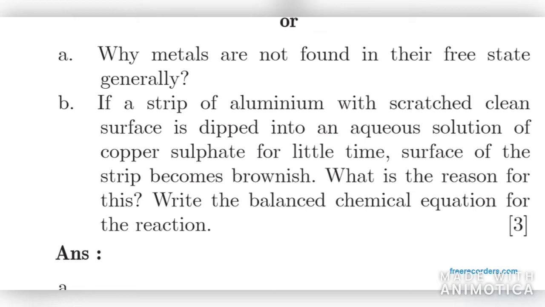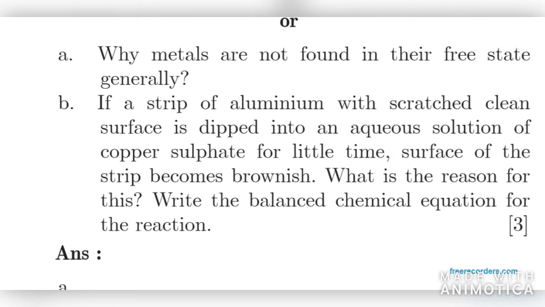Now question number B in this same question, it says if a strip of aluminium with scratched clean surface is dipped into an aqueous solution of copper sulfate for a little time, the surface of the strip becomes brownish. What is the reason for this? Write the balanced chemical equation for this reaction.